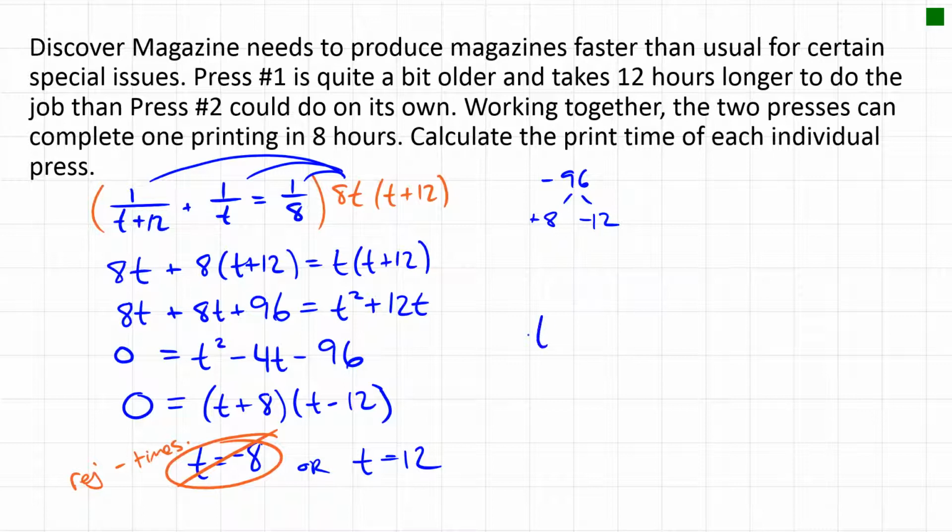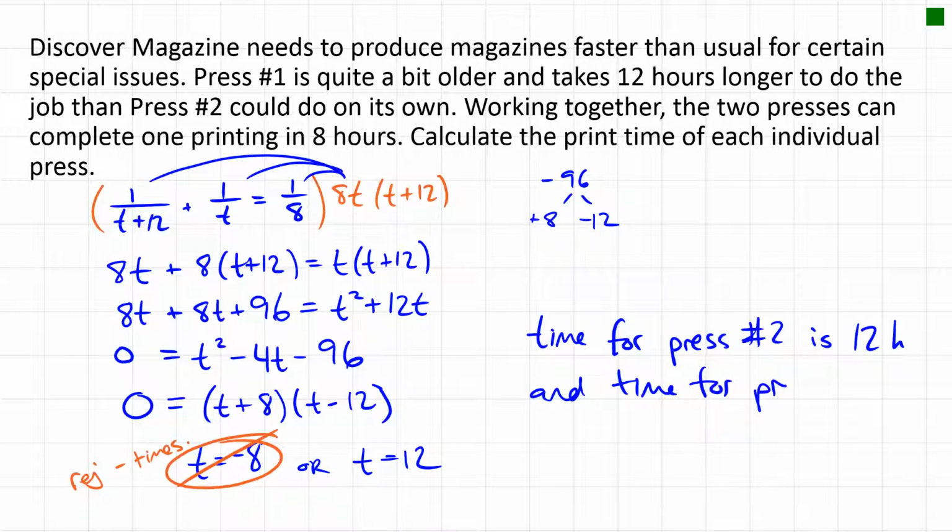Which means that the time for press 2 is 12 hours, and the time for press 1 is 12 plus 12, which is 24 hours.